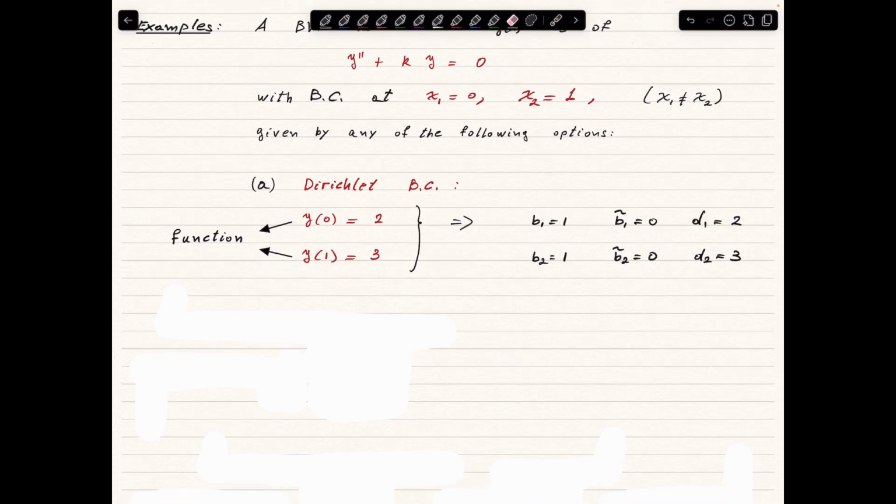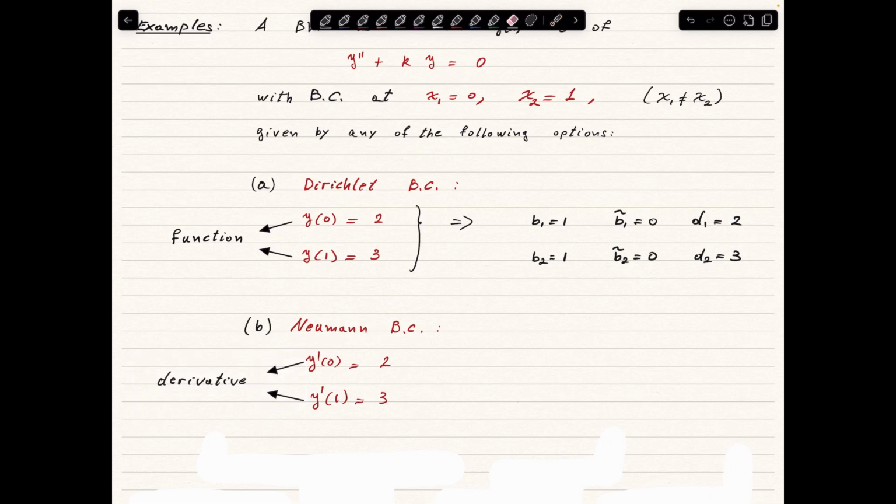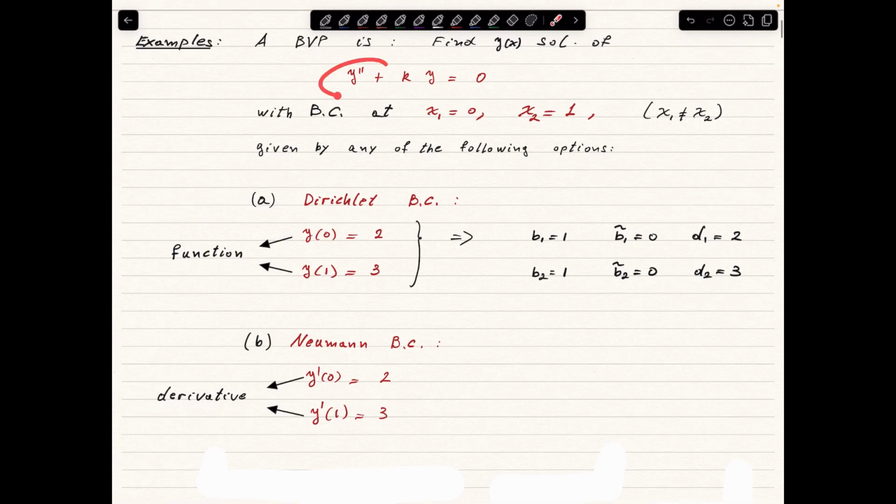Another particular case of the boundary conditions above is the Neumann boundary conditions, which are conditions, as we see here, for the derivative of the function, not the function. So we are looking for a solution of these equations such that the derivative of the solution at the initial point takes a particular value and the derivative of the solution at a different point takes some other value.